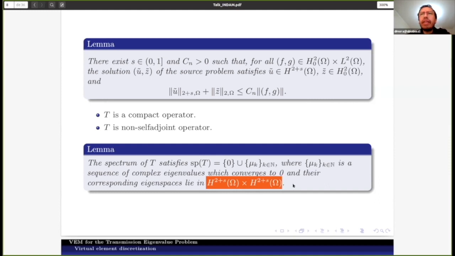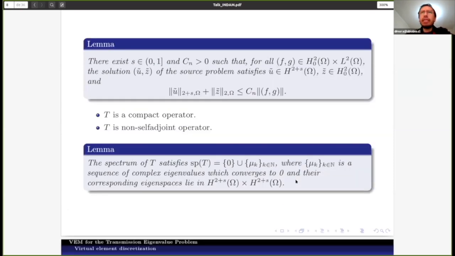We observe that in the case of the eigenfunction of the solution of the eigenvalue problem, the second component is more regular, because, as I mentioned before, this is an identity, which in this case is exactly equal to u times the eigenvalue.